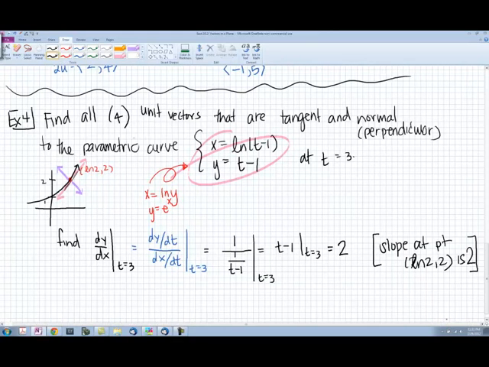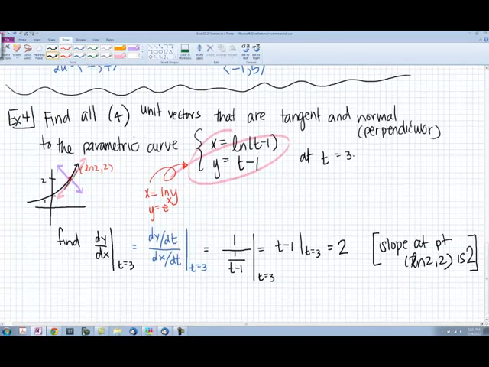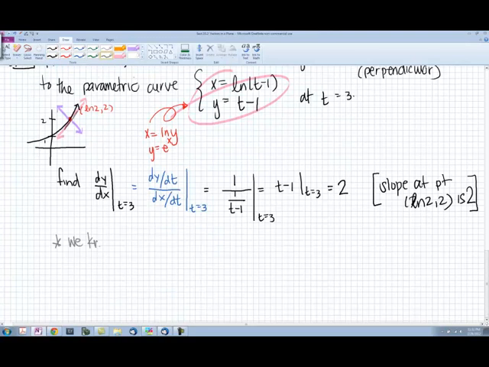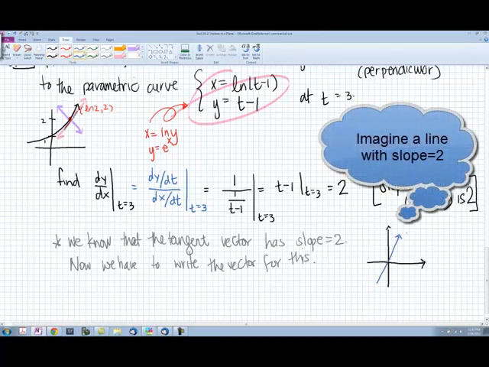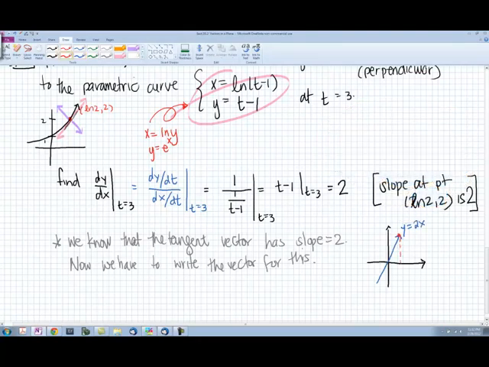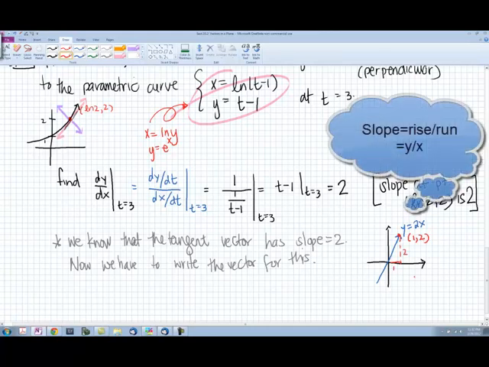So now I need to be able to write the tangent vector that goes with this. We know that the tangent vector has slope equal to 2. But now we have to write the vector for this. Let's just think about this now as a whole new set of axes. I'm going to draw a line that has a slope of 2. So let's say this is y equals 2x. Pick any point on that line. The easiest one is going to be the point 1, 2. I can write this out as a vector 1, 2.